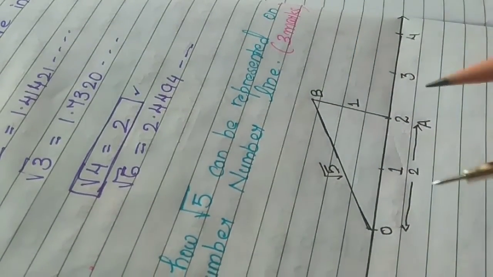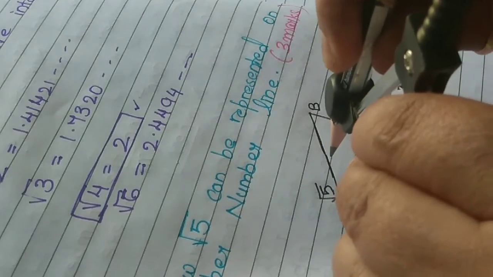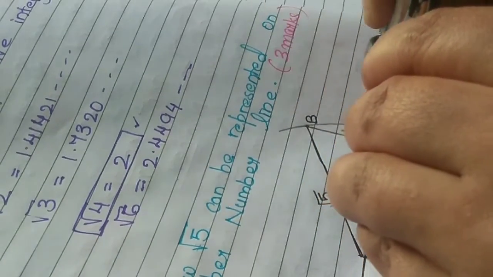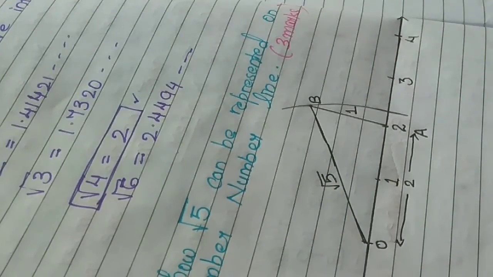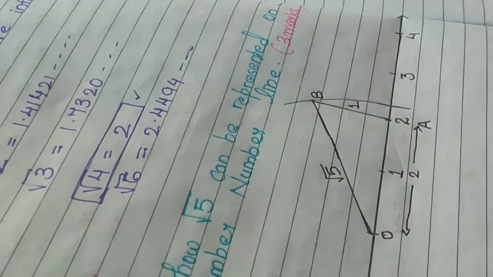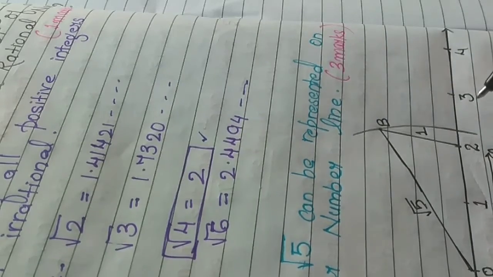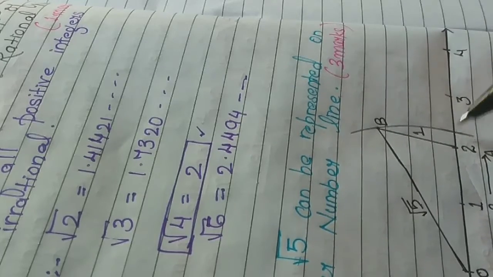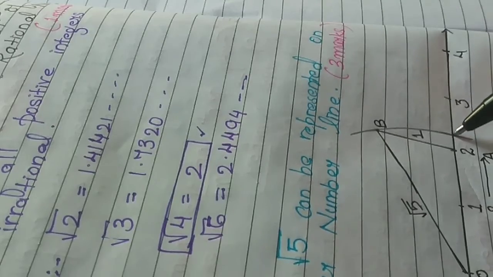Now take out your compass, take the distance by putting the divider at 0 and extend up to B. We have to make an arc here. You know the square root of 5 is 2.1 or 2.2 something. So it will come here, between 2 and 2.5.